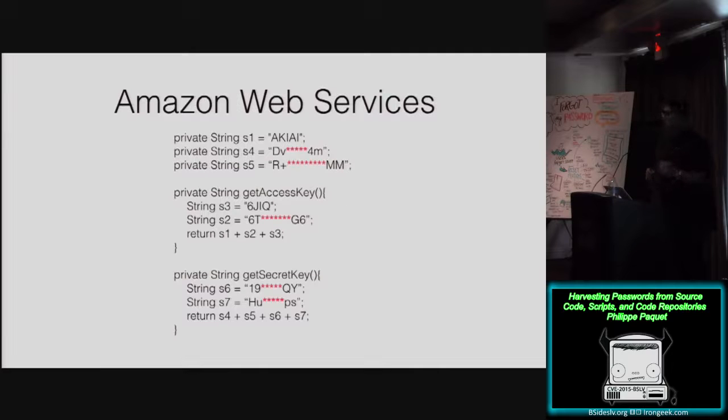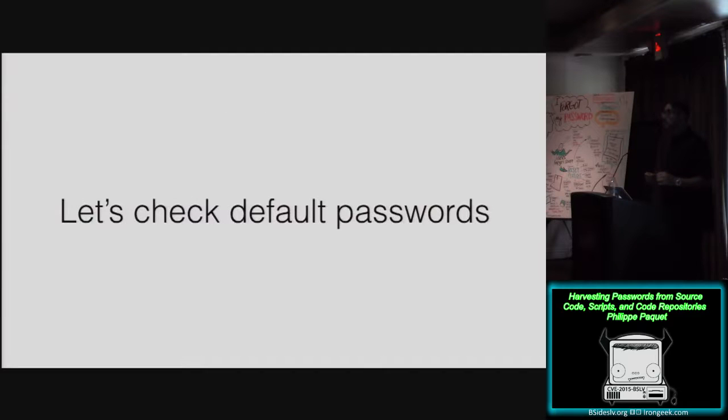You get people trying to hide their Amazon key in public source code by breaking the key in parts. The only problem with that technique is that the characteristic part of the key was kept intact. So that's very inefficient. Don't do that. We can check for default passwords. Default passwords are very interesting.